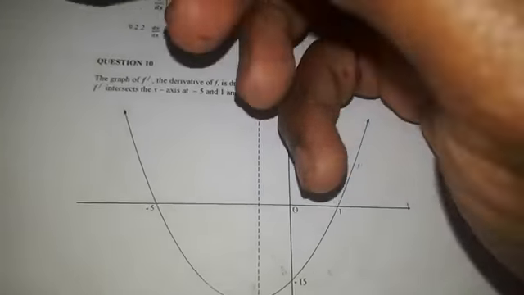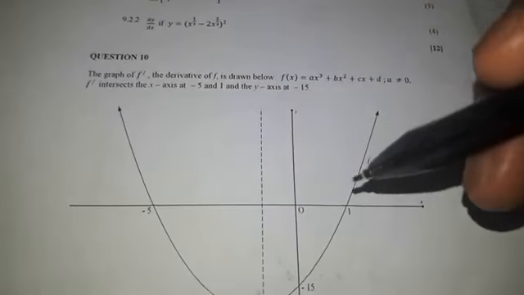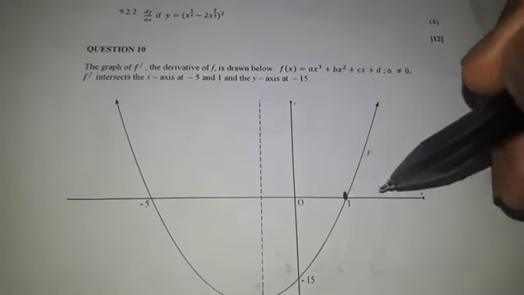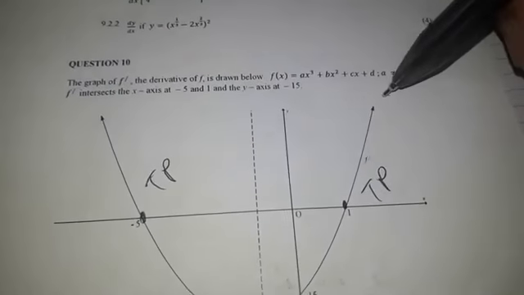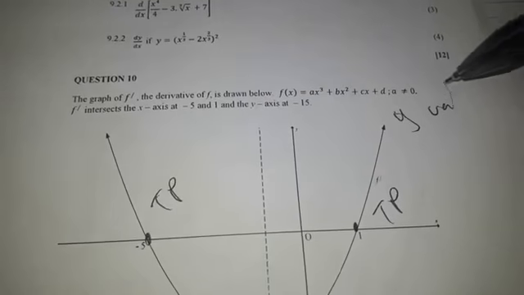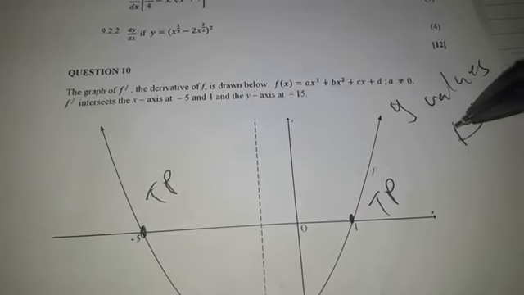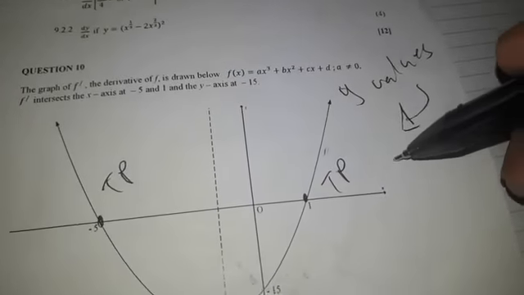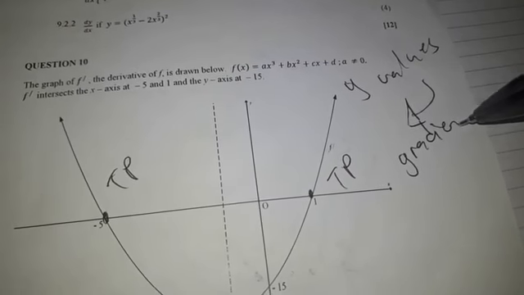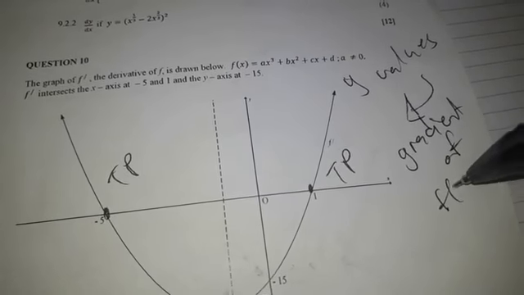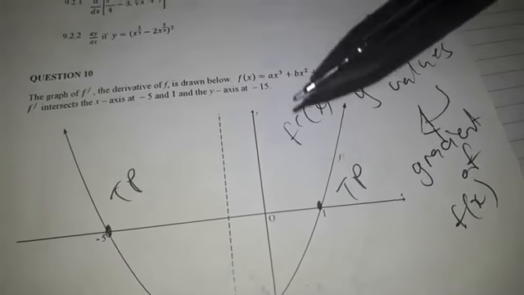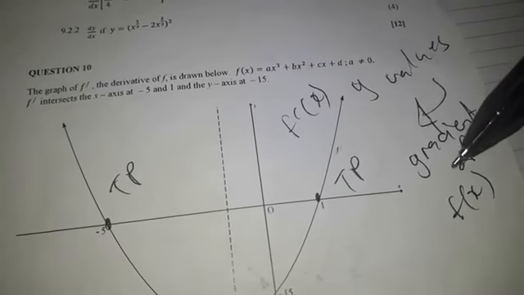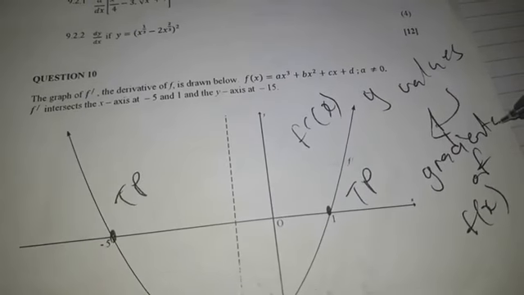Okay, that's interesting. So the key thing is, if this is the equation of the first derivative, you want to remember that this is one turning point of the original graph, and this is another turning point of the original graph. The reason is the y values of this graph give you the gradients of the original graph. This is f prime, so its y values give you the gradients of the original one.